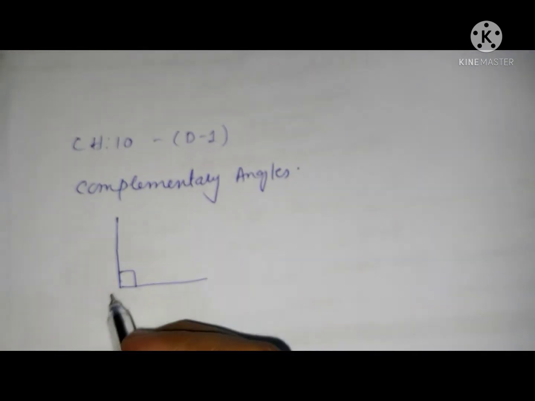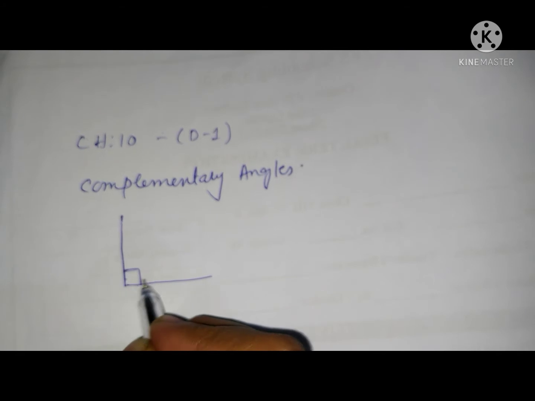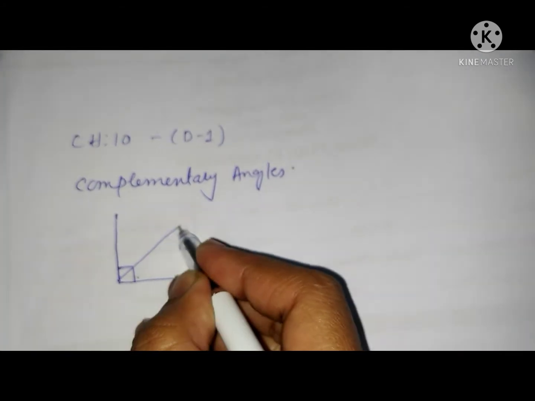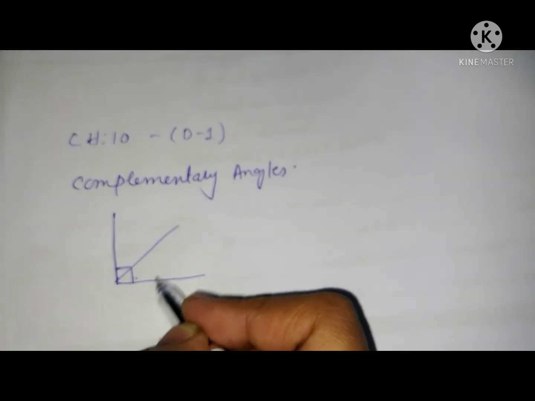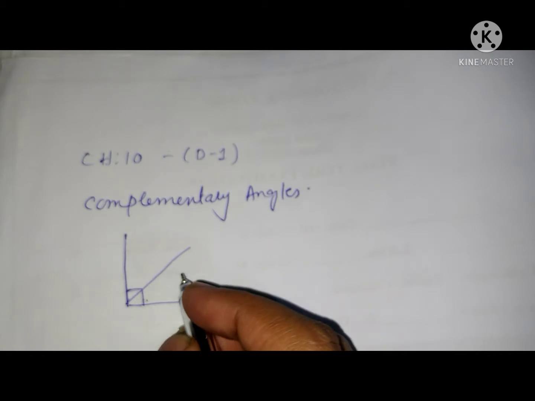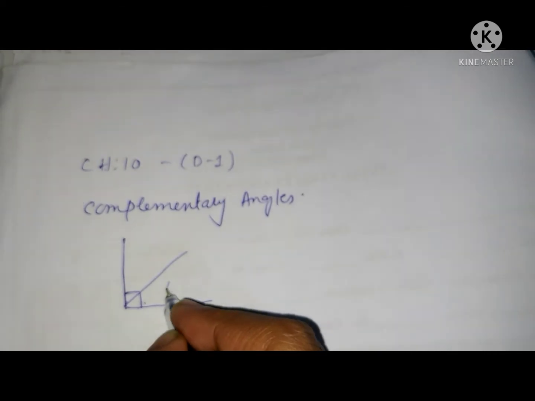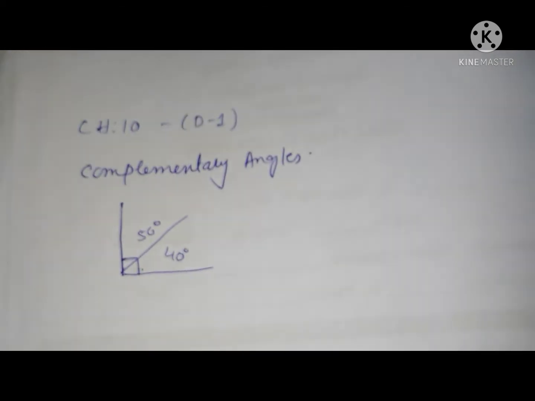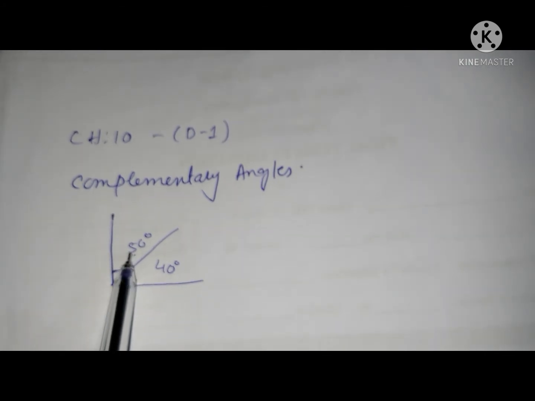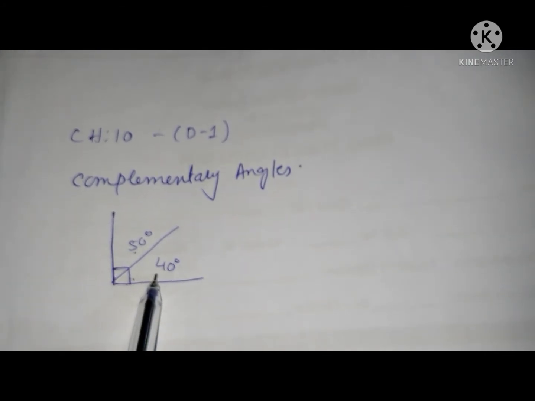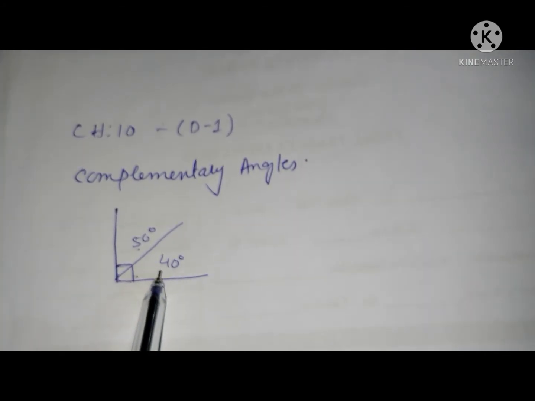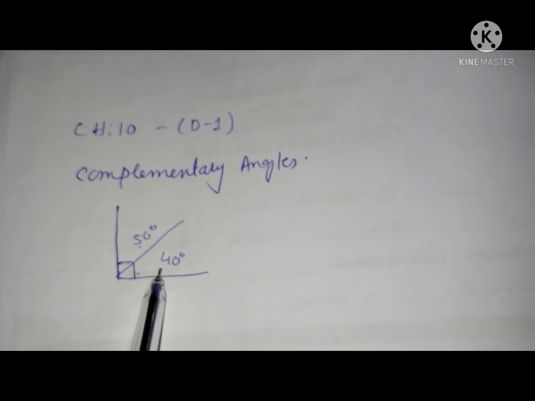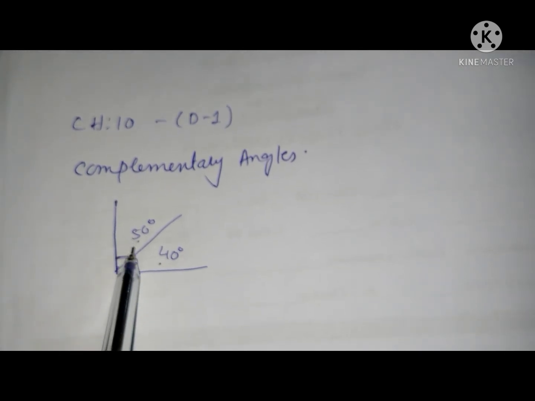We all know this is the sign of 90 degrees, and this angle has been separated from a line into a 40 degree angle and a 50 degree angle. So this 50 degree angle is called the complementary angle of this 40 degree angle, and this 40 degree angle is the complementary angle of this 50 degree angle.